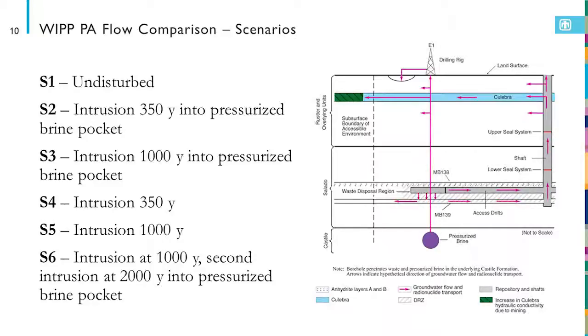Another potential path for release to the accessible environment is that radionuclides could transport through the disturbed rock zone to the marker beds above or below the repository and travel through the marker beds to the land withdrawal boundary. And then the final potential path for radionuclide release is directly up this borehole.